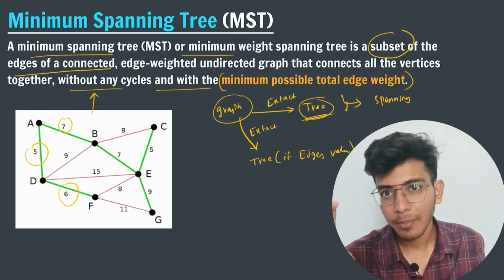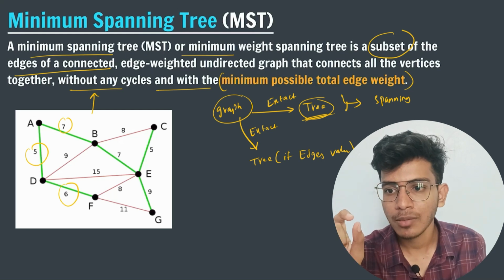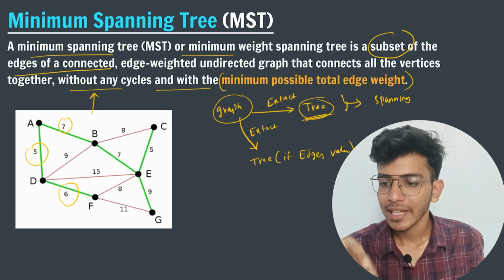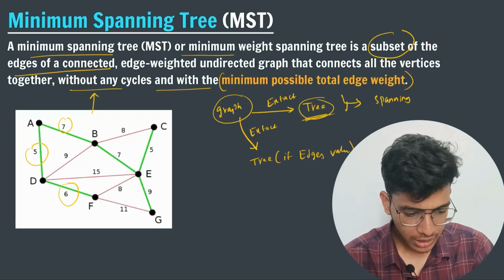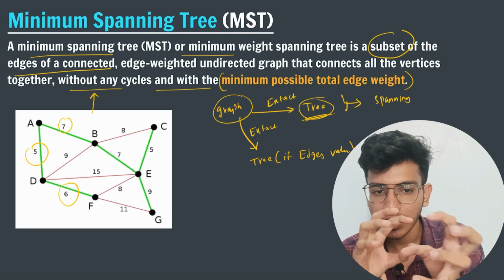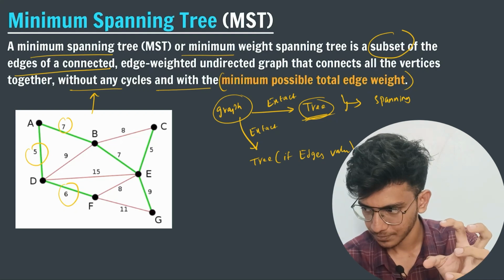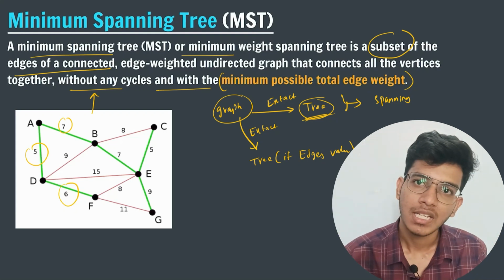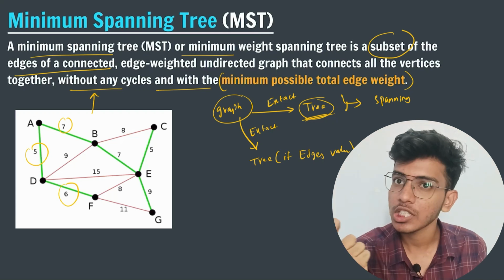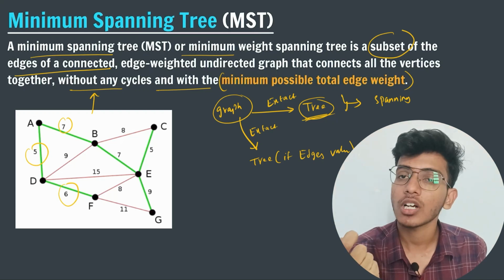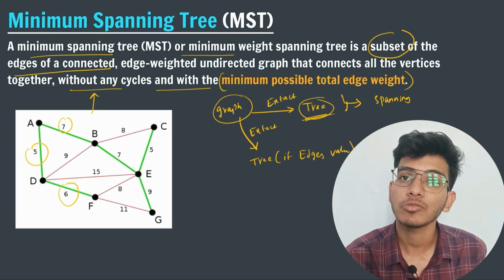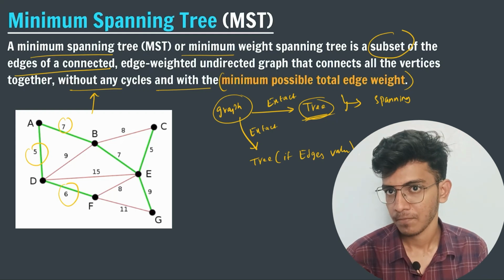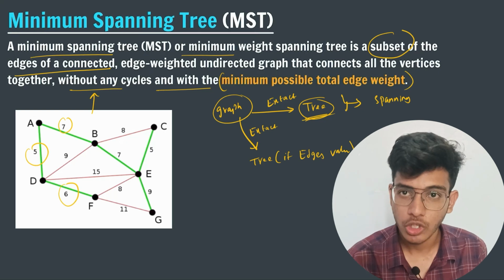But the main motive here is that if we can remove the cycles in such a way that the edges connected with all the other nodes are minimum, if I can create this sort of structure, then that structure is said to be a minimum spanning tree, or you can say MST structure.